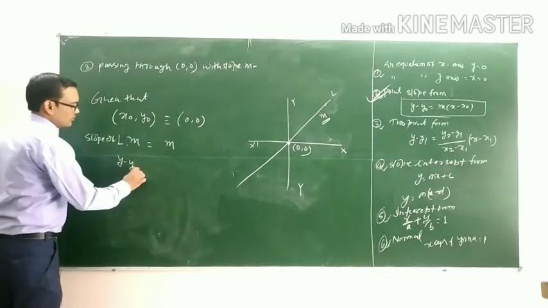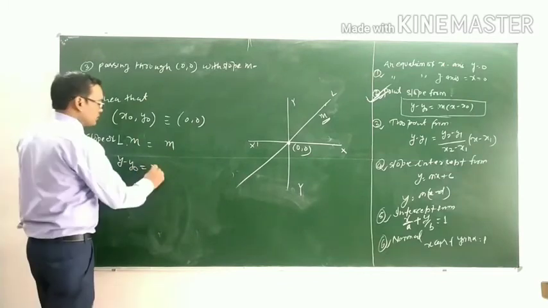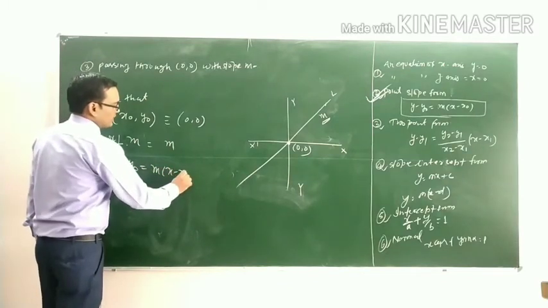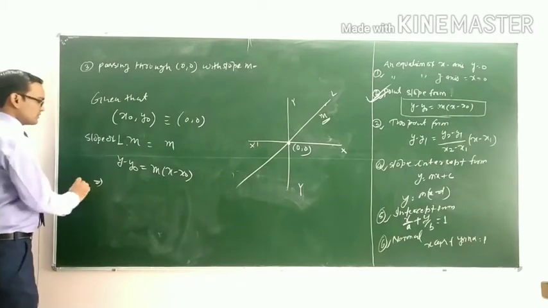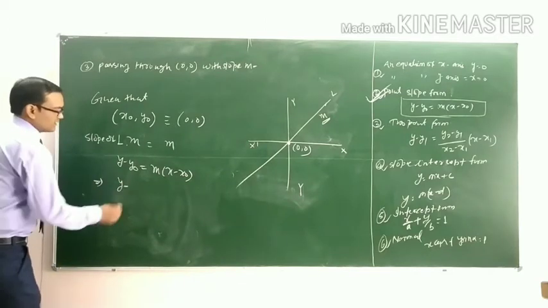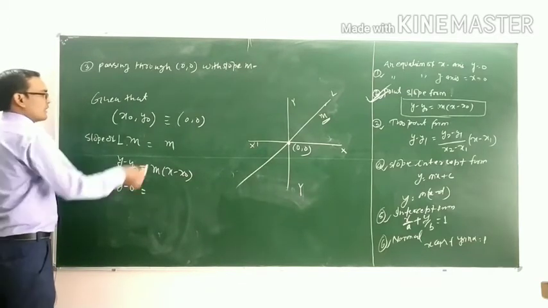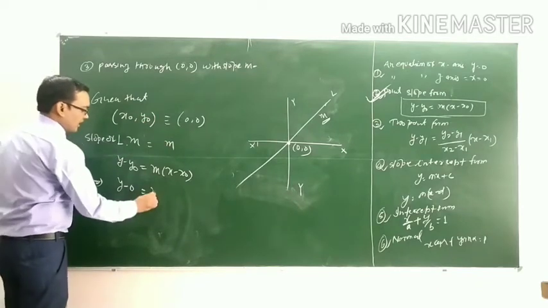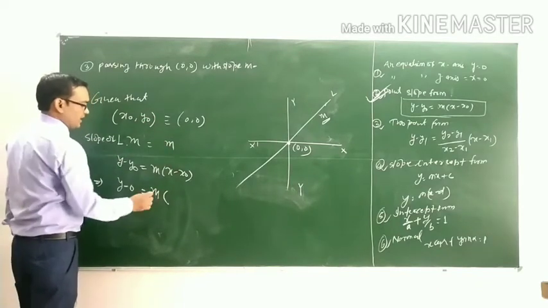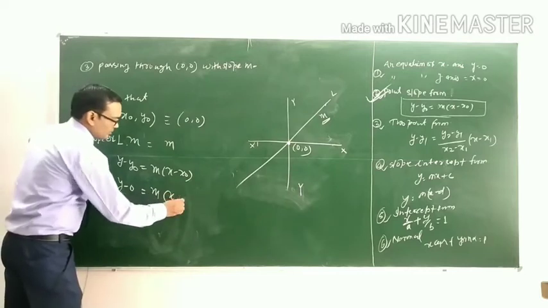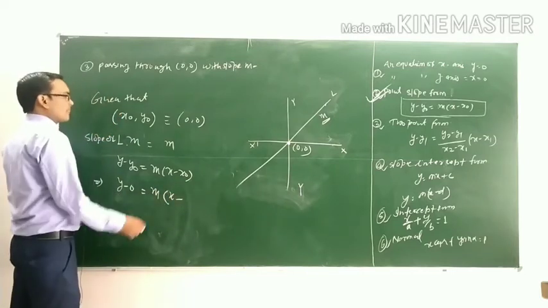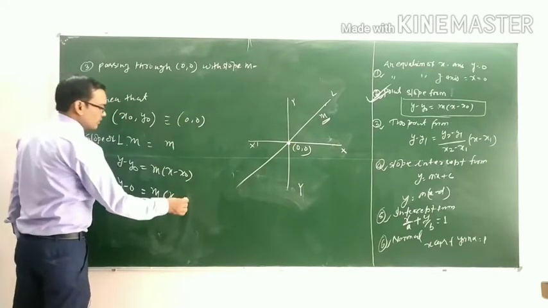Using the formula y minus y0 is equal to m into x minus x0, we get y minus 0 equals m into x minus 0.